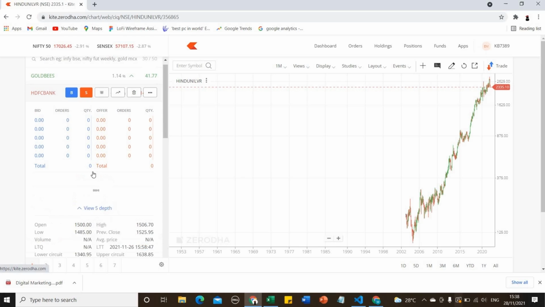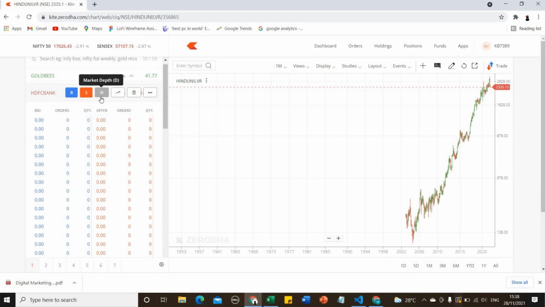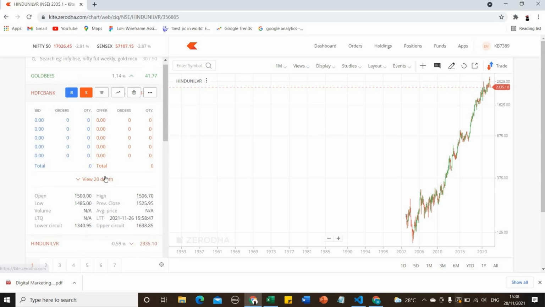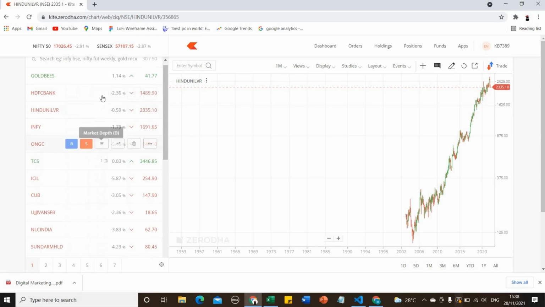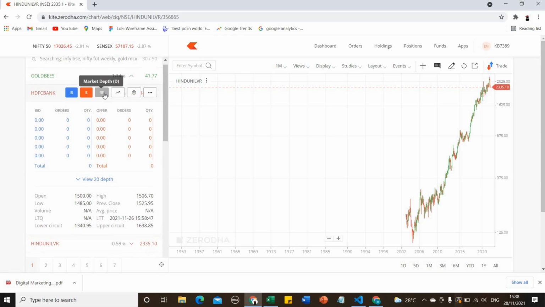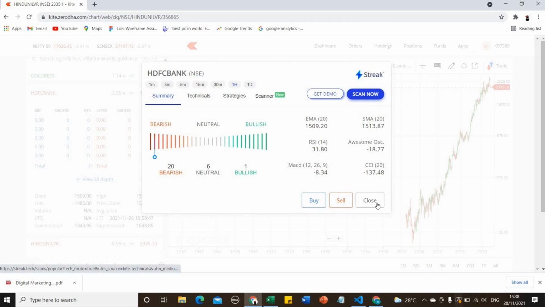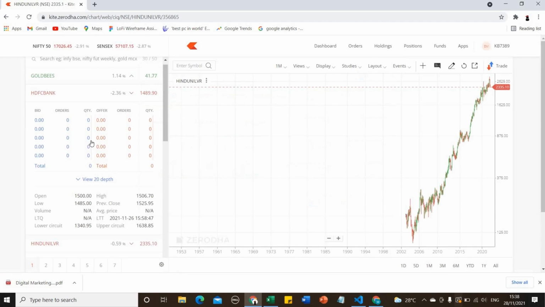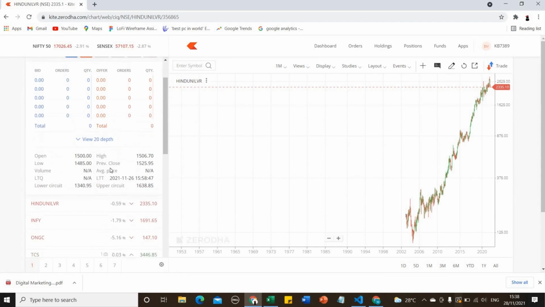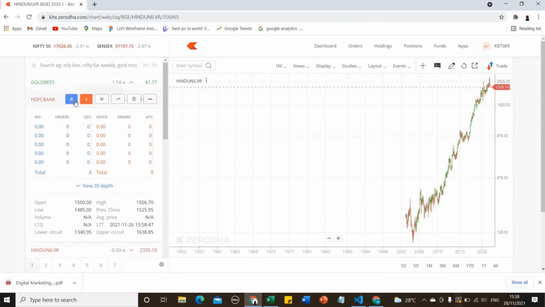Before buying, you can check the market depth and find the bids, offers, etc. It will be more helpful. The technical part also shows the depth of HDFC Bank.